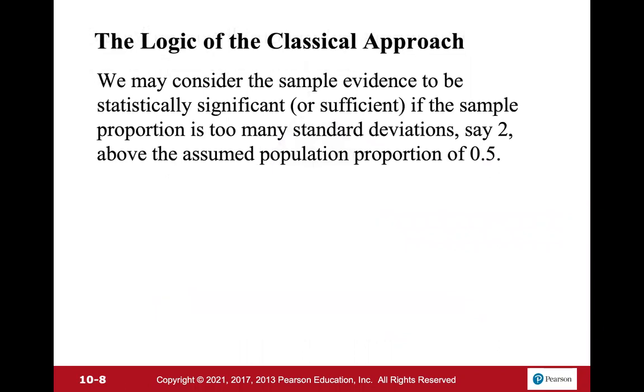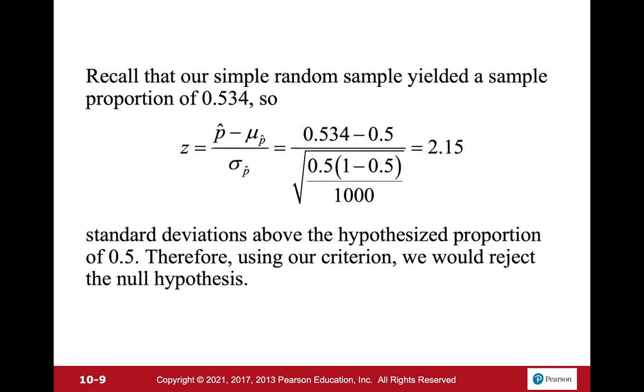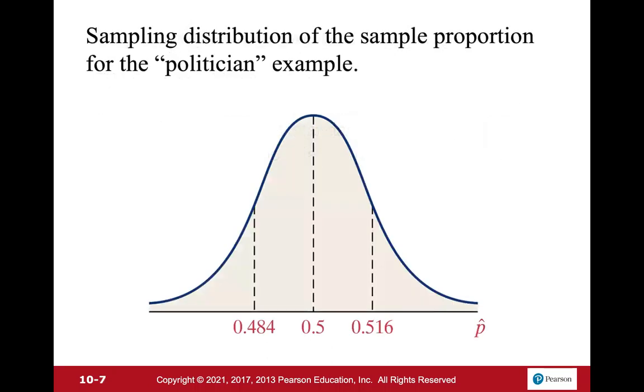And now the logic of the classical approach. We may consider the sample evidence to be statistically significant if the sample proportion is too many standard deviations, say 2, above the assumed population proportion of 0.5. What we're testing is whether or not this data supports the other data being true.